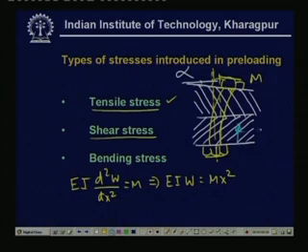We have these boundary conditions, that is at x equal to 0, w equal to 0, that gives c2 equal to 0, and this is again clamped at this end. So therefore at x equal to 0, w prime is equal to 0, this gives c1 equal to 0, and we are left with these expressions.